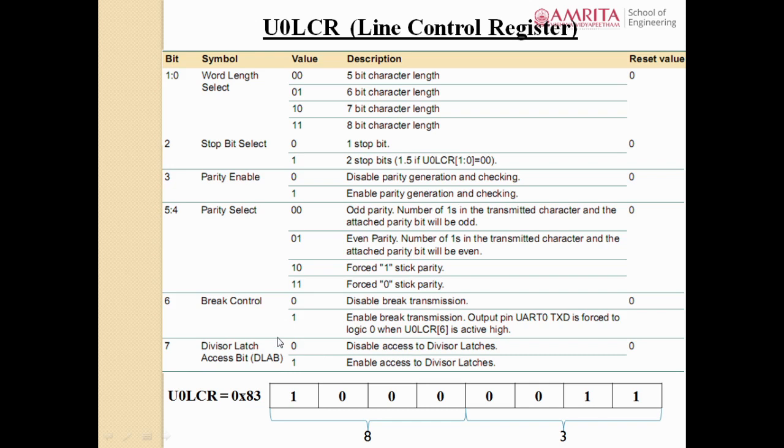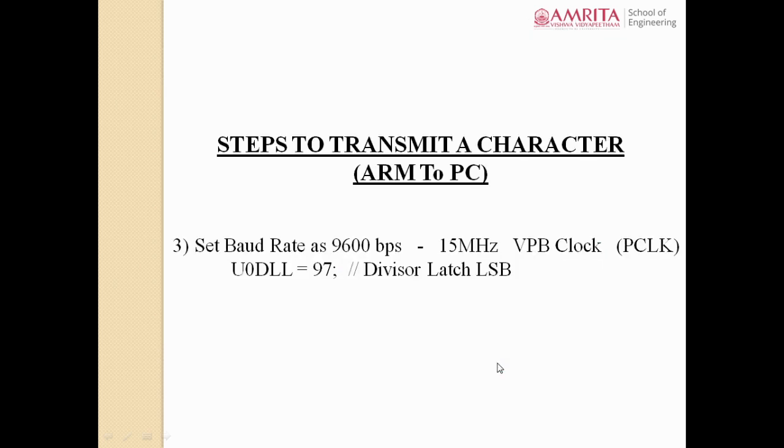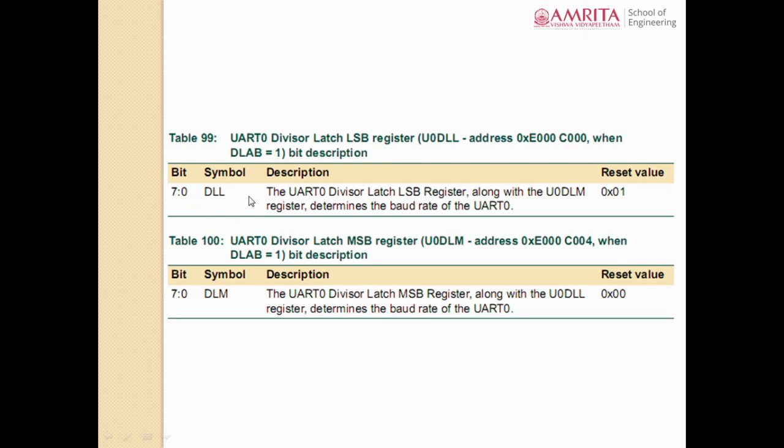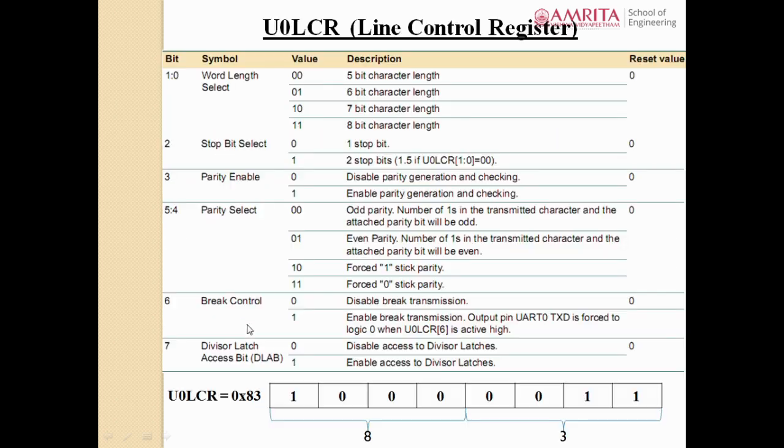So if this DLAB bit, the 7th bit of U0 LCR, is 1, that means you are enabling access to the divisor latches. What are the divisor latches? U0 DLL and U0 DLM. Whenever you need to write some value into these two registers, the DLAB bit should be made 1. That is the functionality of the DLAB bit. So in step number 2, you need to make the DLAB bit 1, or enable access to the divisor latches.